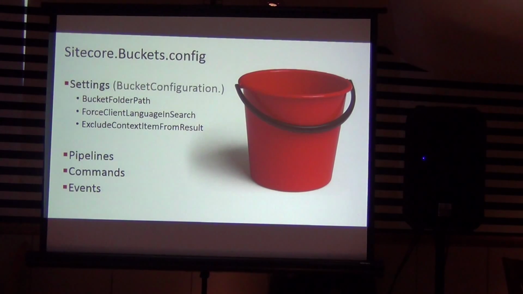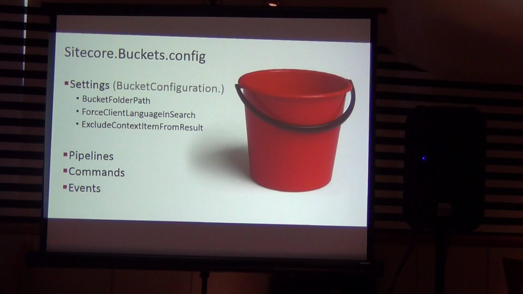The first one here is the bucket folder path. As I said, the hierarchy of items in an item bucket does not go away in reality. It's just hidden away from the editors, and the bucket folder path is a setting where you can change how that path looks.